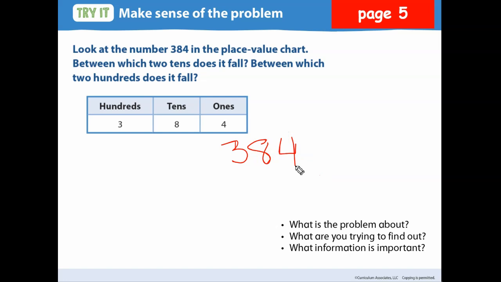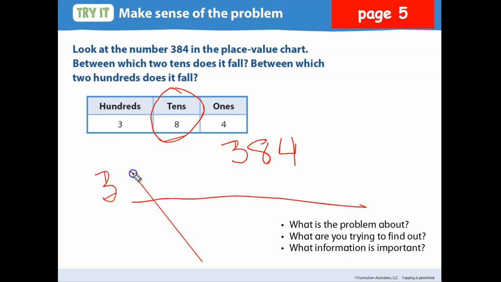Okay. We want to know between what two 10s does it fall? Okay. So here's the tens place. What's the value of that? 80, correct. So it's between 380 and 390. What's the next 10 up? 390, correct.